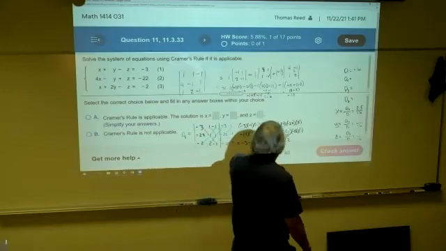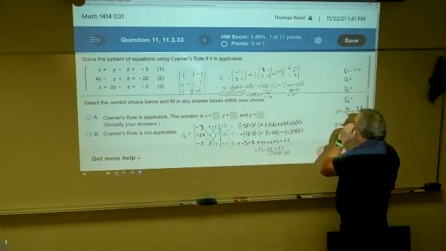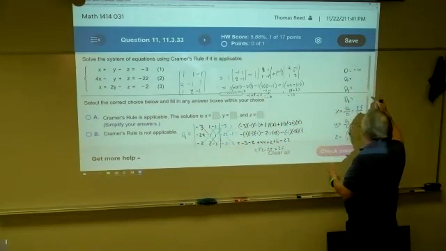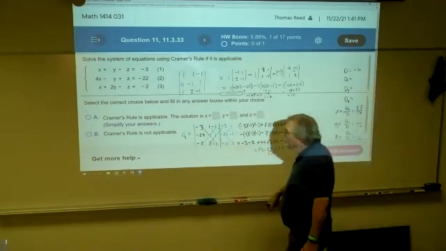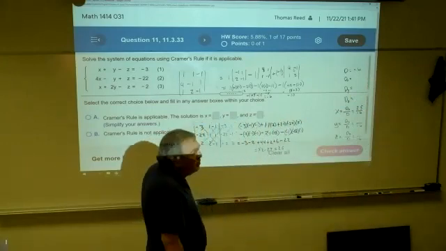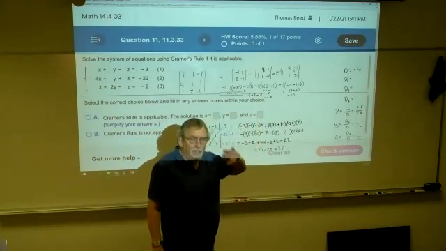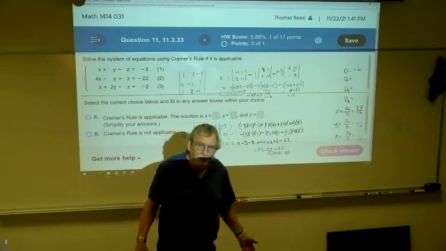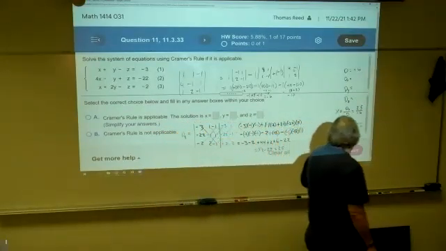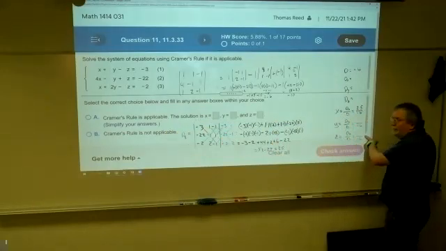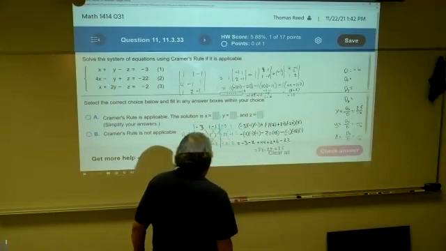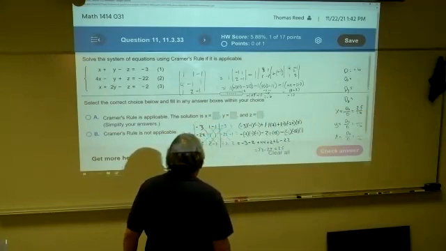Earlier today, the D determinant I got as a negative 14, and I wrote it down as a positive 14, which changed all my signs, the positive to negative and negative to positive. But I got all the right numbers except for their signs. But they said my D sub z was correct, even though it had the wrong sign. So boy, I want to make sure I'm doing this right.